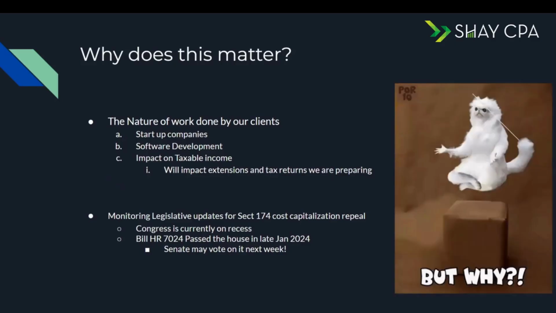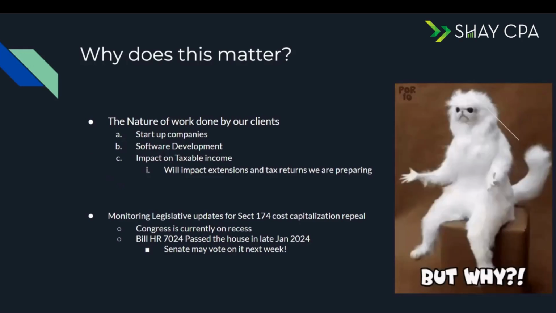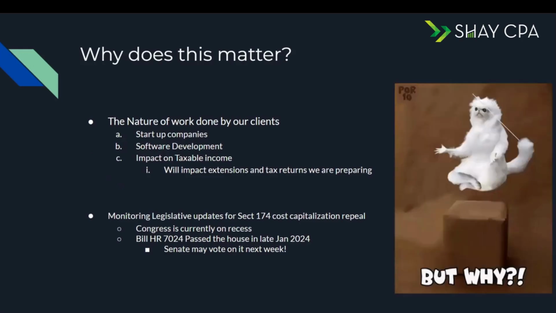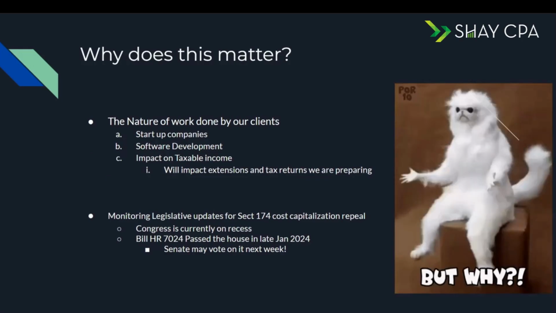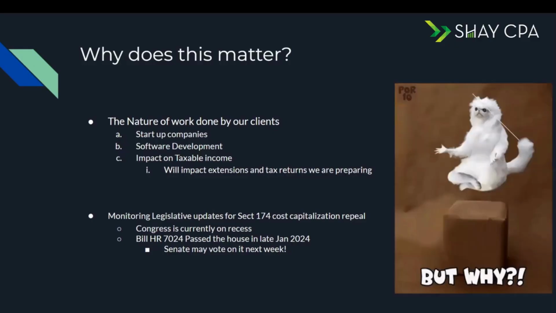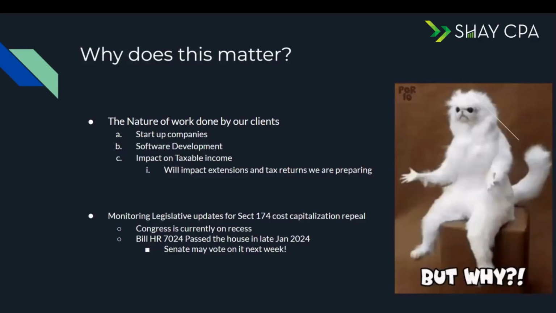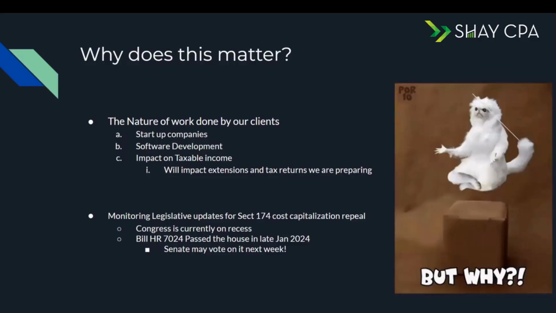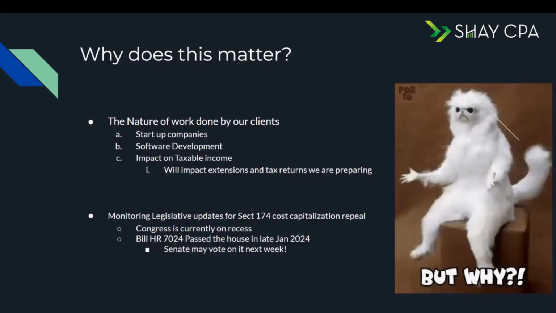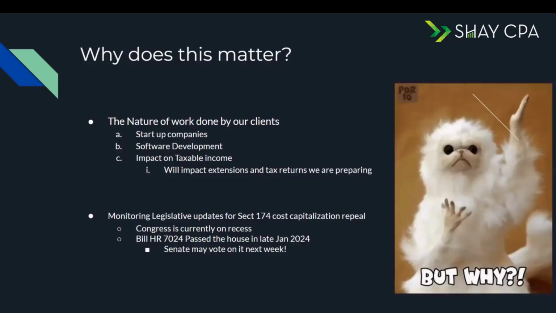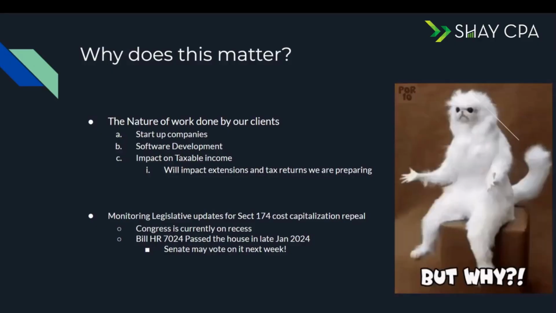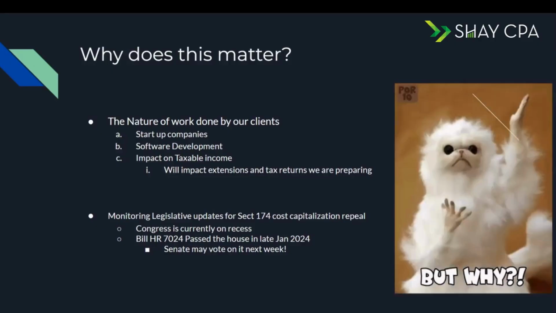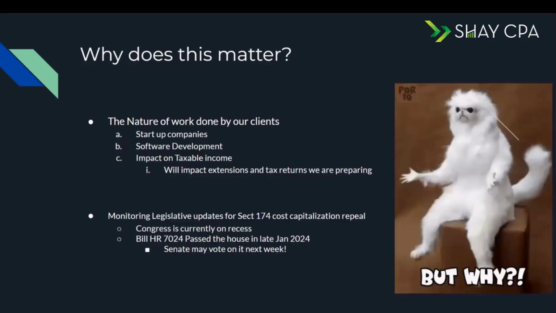The main reason is that it will impact taxable income, because for book purposes, you are still allowed to take those deductions on your P&L. However, for tax purposes, we cannot take those deductions. Instead, we have to capitalize and amortize them.